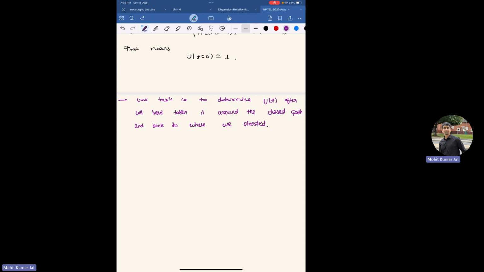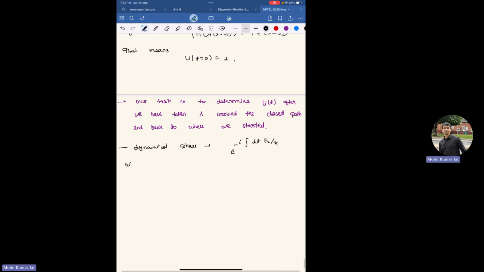So there is always the dynamical contribution to the phase, as I discussed, like e to the power minus i, the integration over time of E naught dt by h bar. So the dynamical phase will be e to the power minus i integral dt E naught by h bar, where E naught is the ground state energy.